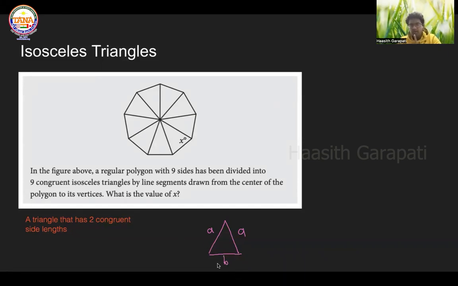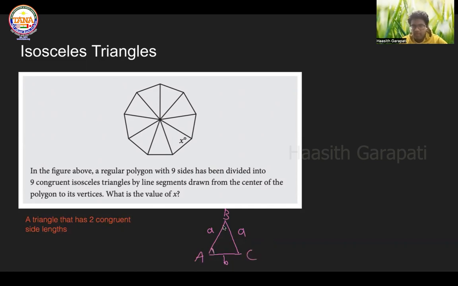Another quality of isosceles triangles is that the corresponding angles have the same congruent features. When I say that an angle is corresponding to a side, I'll show you what I mean. Let's label each of the points here.